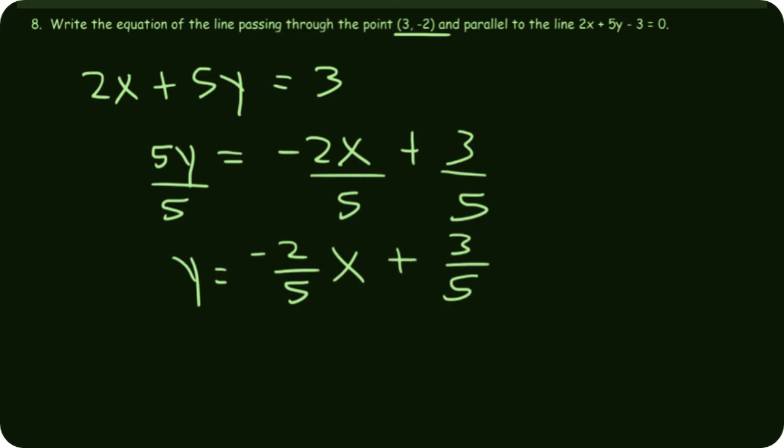So the slope of this line is the number in front of x when it is in slope-intercept form. So the slope is negative 2 over 5.